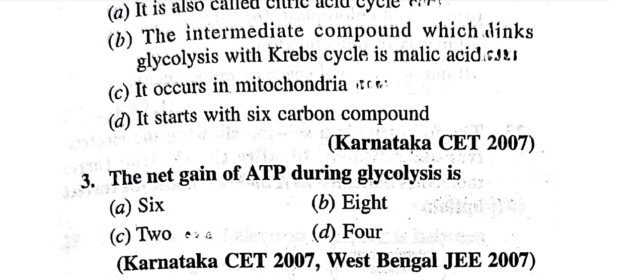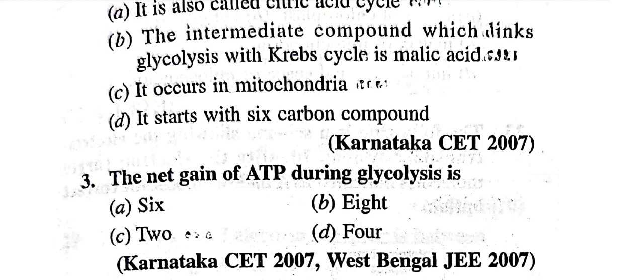So in the first reaction, ATP is not produced, it is utilized. Then glucose 6-phosphate is converted to fructose 6-phosphate. Then fructose 6-phosphate is converted into fructose 1,6-bisphosphate. In that step, another ATP is utilized.